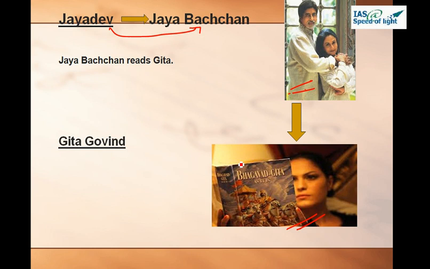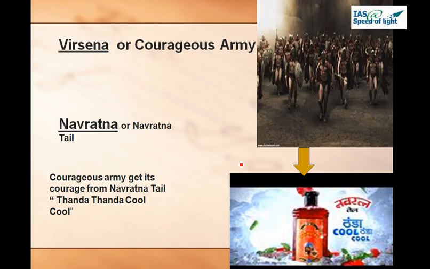For Jayadev we don't have any image, so once we convert it to Jayadeva Hospital or Jaya Bachchan, things become very clear. And for Gita, we already have a picture of a book of Gita. So you can imagine you are going to Jayadeva Hospital, and once you enter, they are distributing Gita free of cost. That is how things actually work. Another writer is Veer Sena.